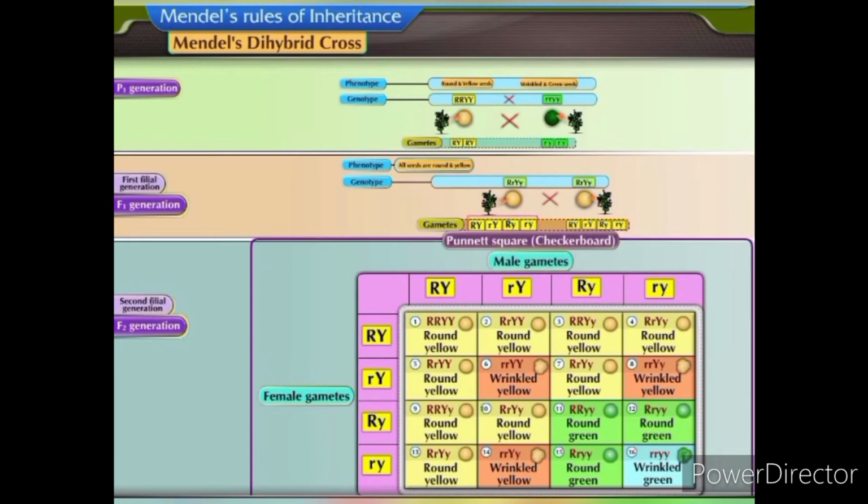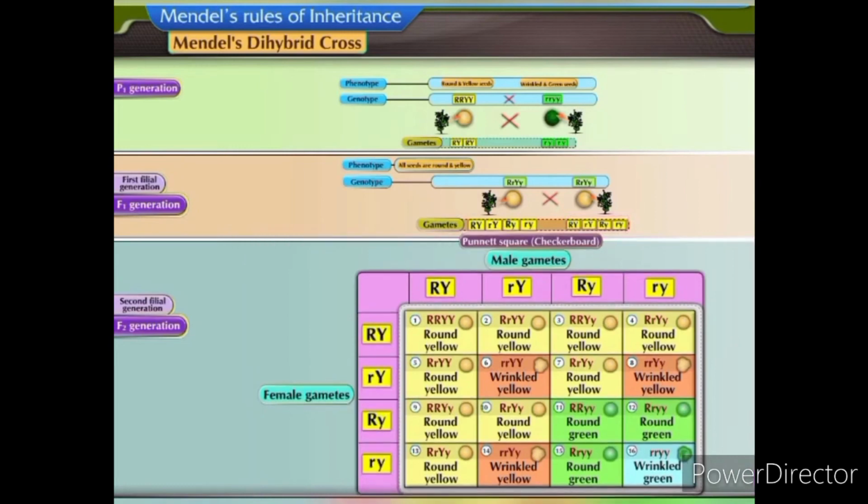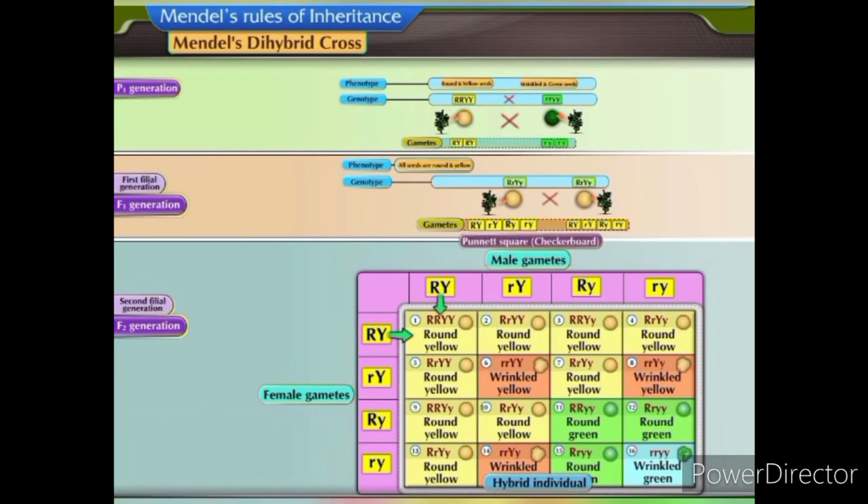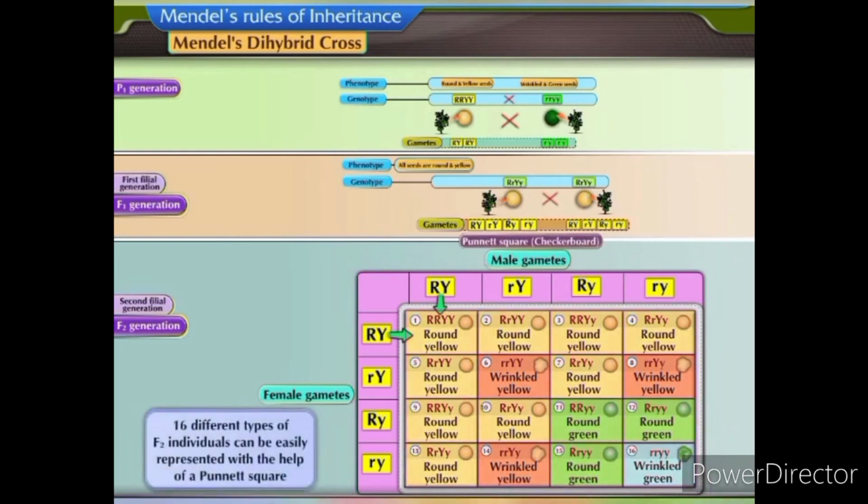The male gametes are arranged on top, while the female gametes are arranged on the side of the checkerboard. Taking into account the combinations of a male with a female gamete, we get the genotype of a hybrid individual in a respective cell of the checkerboard. Thus, 16 different types of F2 individuals can be easily represented with the help of a Punnett square.